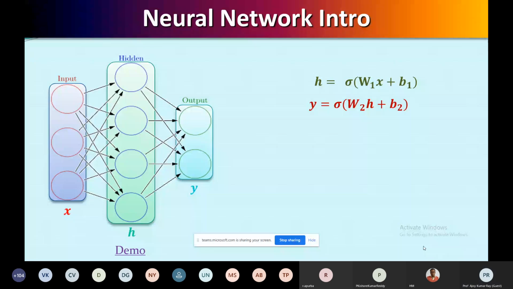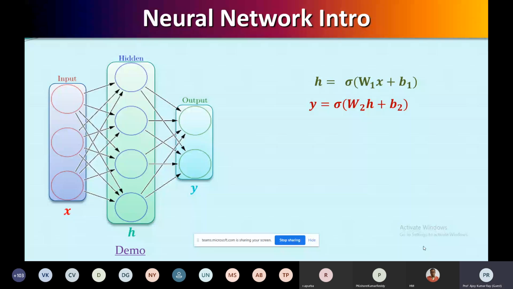As you can see, we have written H as the hidden layer output. So H, the outputs of the hidden layer, is equivalent to sigma of W1x plus B1. B1 is a bias factor. What is meant by W1x? W1 is the weight vector from input to hidden layer. Every path has got a weightage. So these weights are multiplied with x. x is the feature vector, x1, x2, x3.